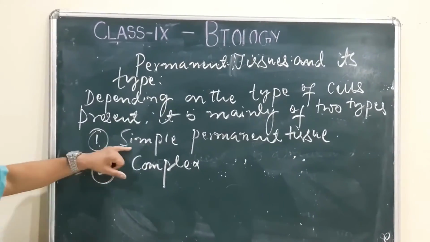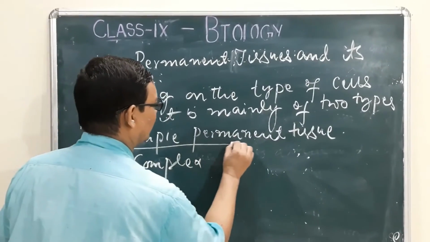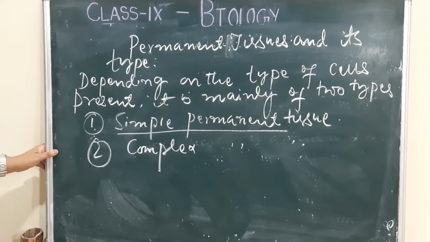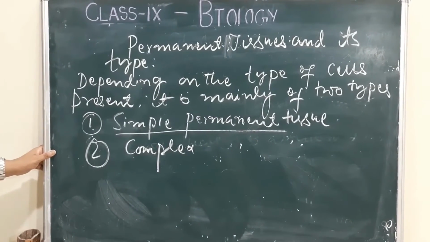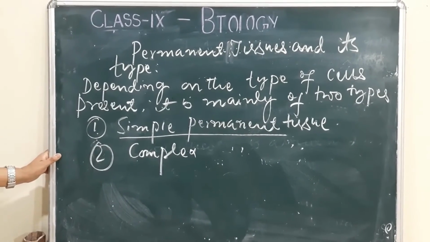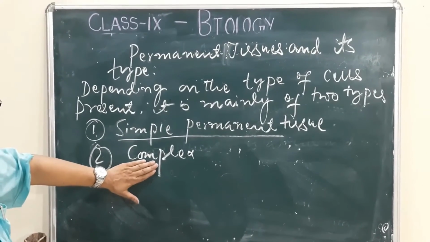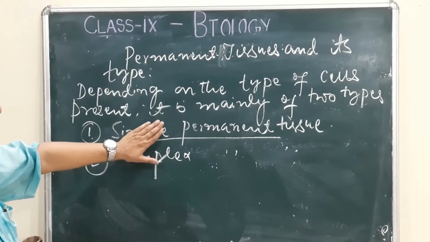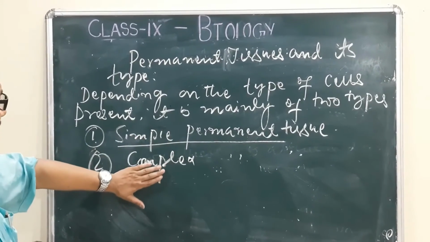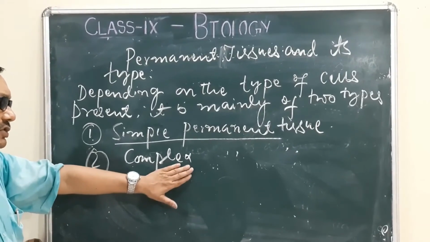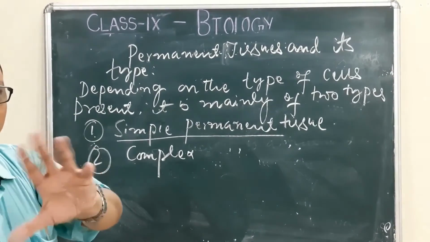The simple permanent tissue is divided on the basis of cells which are similar in origin, shape, size, function, etc., and the complex permanent tissue is composed of different types of cells.